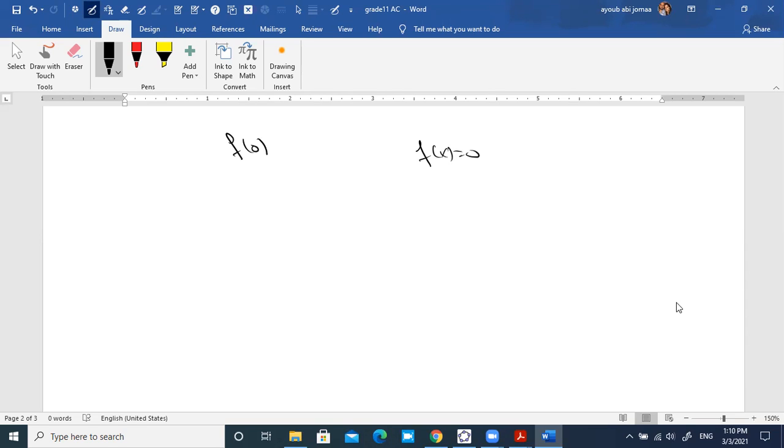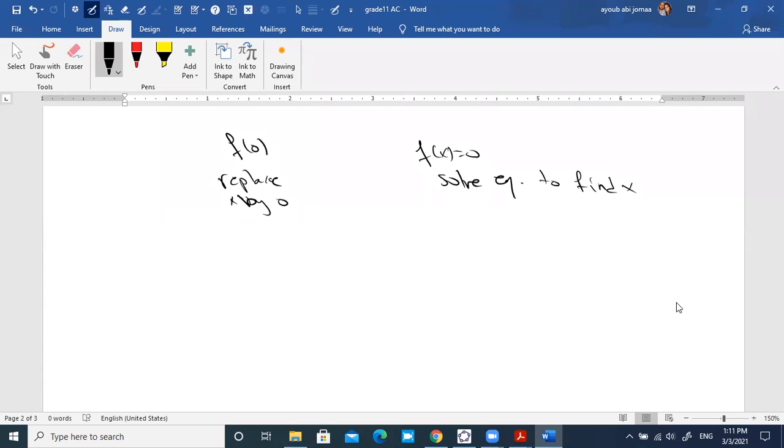They have no relation to each other. Here you replace x by 0, while here you solve the equation to find x.